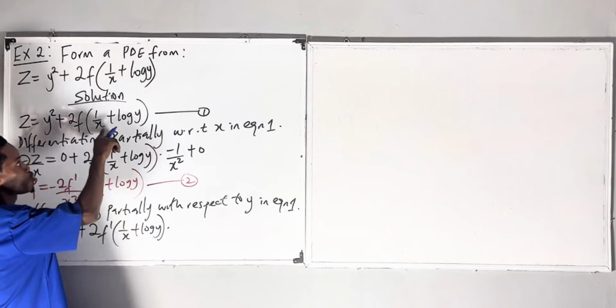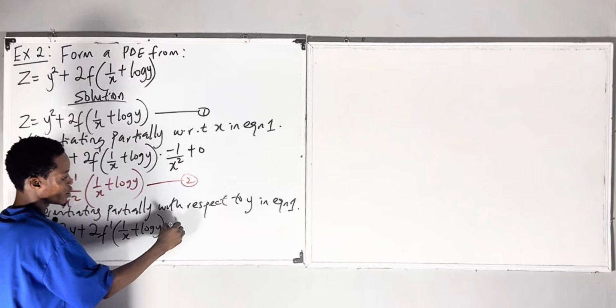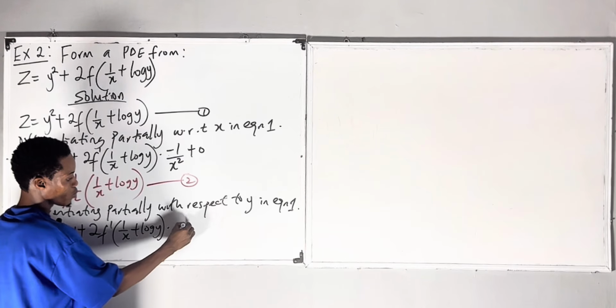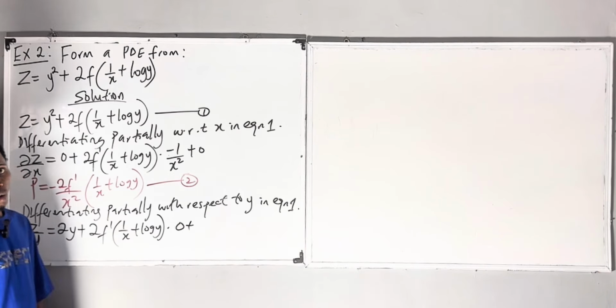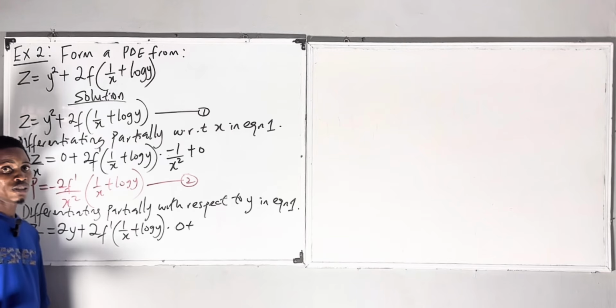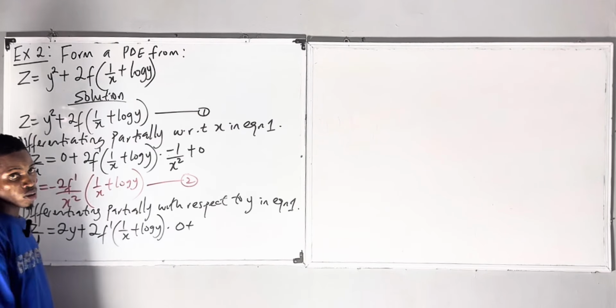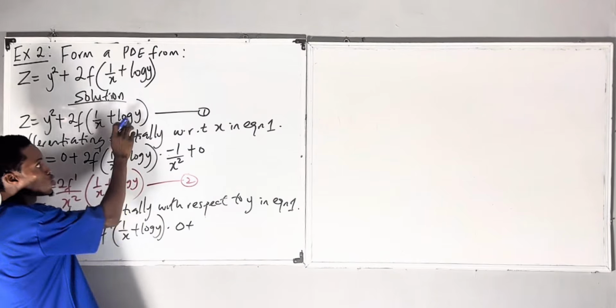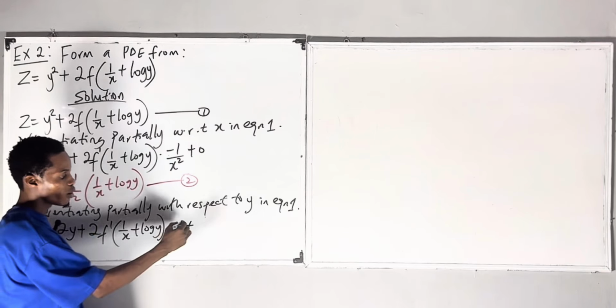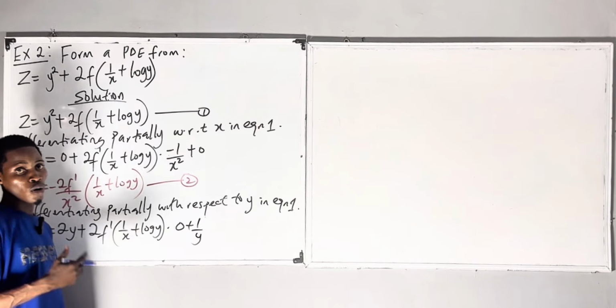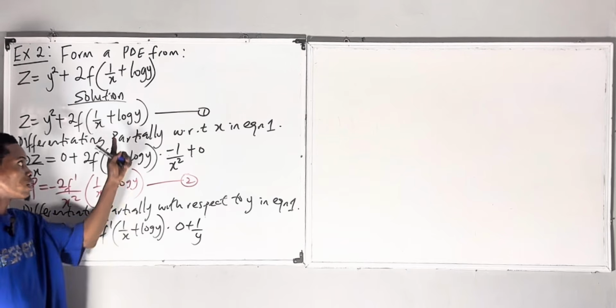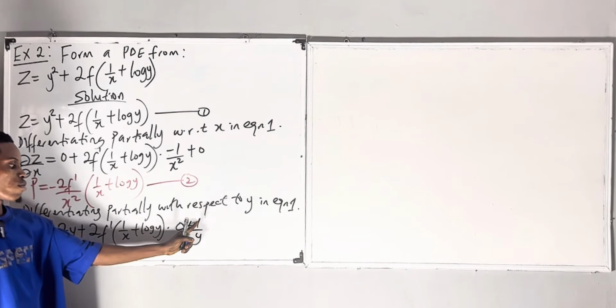Multiply by what? I'm going to differentiate this one over x, that is 0, because 1 over x is not a function of y, so we are going to consider it as a constant. Whenever you differentiate a constant, you are going to have 0. If I differentiate log y here, I'm going to have 1 over y. So whenever I differentiate log y, I'm going to have 1 over y.